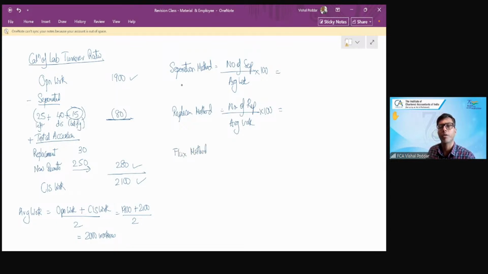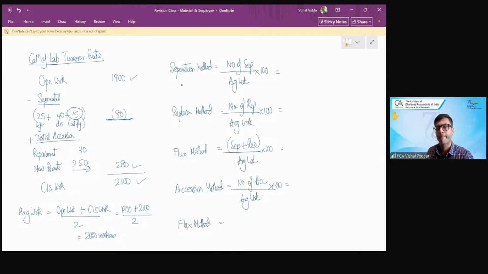Flux is nothing but the aggregate of these two, so it is separation plus replacement upon average. Then another, which is the accession method, which is number of accessions upon average, and then flux, which is separation plus accession upon average.